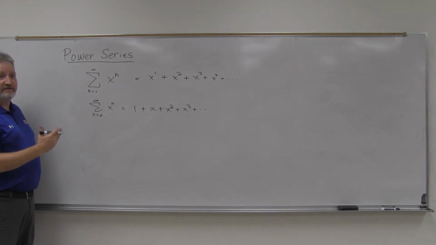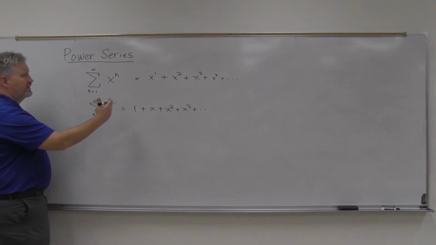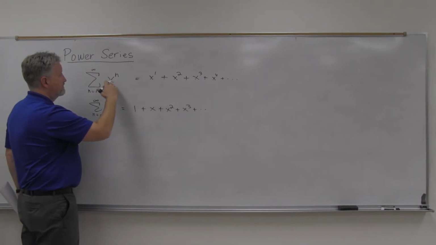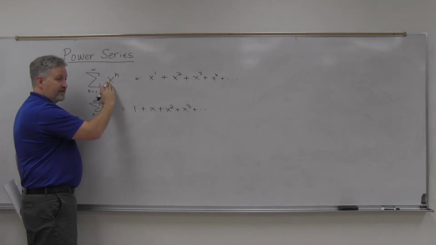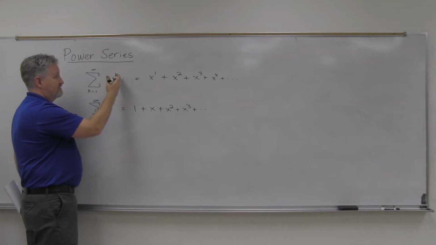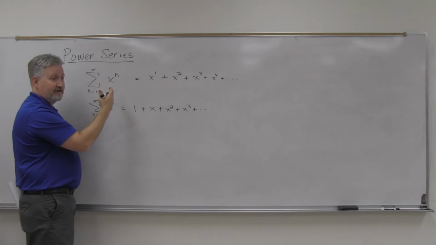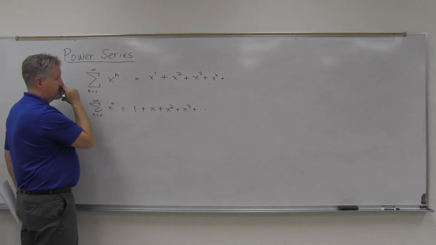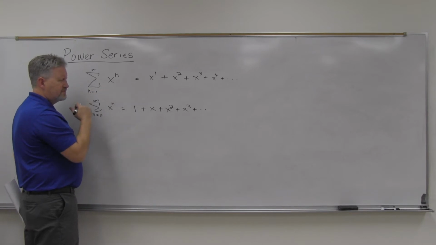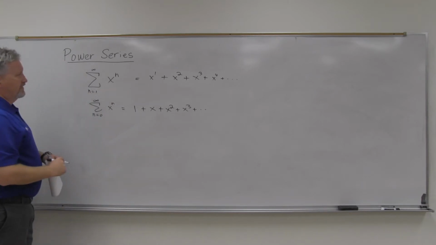If you think about it, because depending on what x is, n is in the exponent. This is an exponential function. Another way to look at it. n is in the exponent, so it's geometric in that regard.